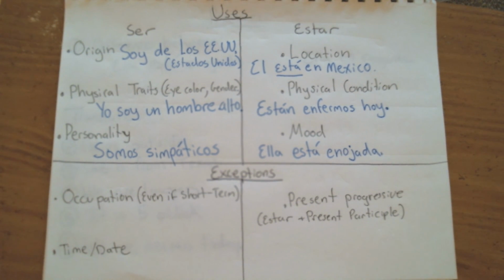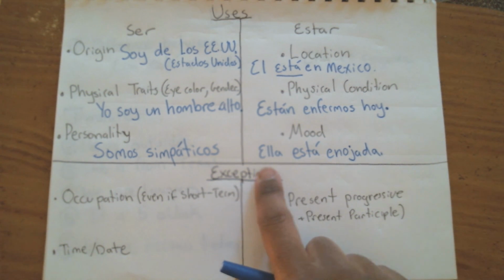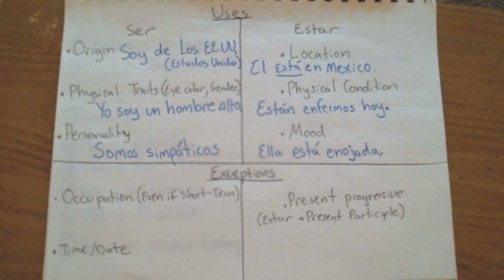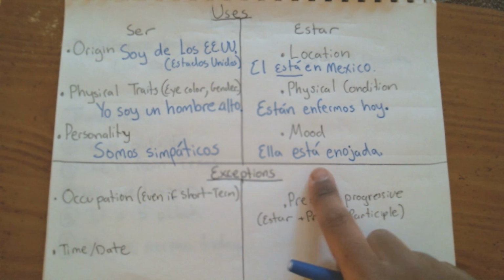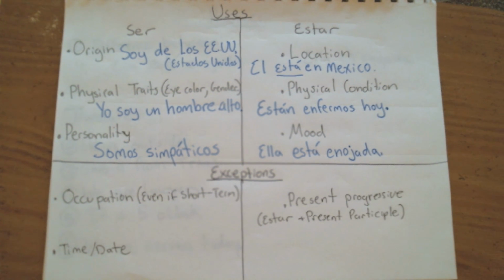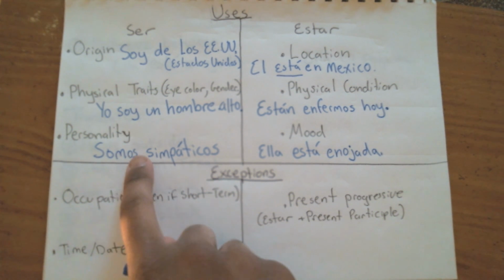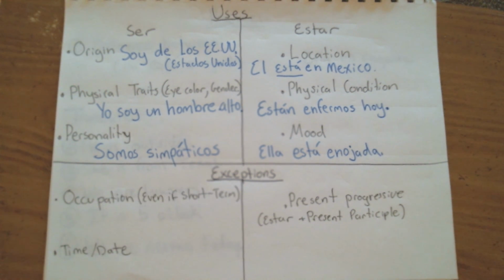It's just talking about their mood, how they are feeling right now. And what you're basically saying is she is feeling angry, okay? So when you use estar plus an emotion or something like that, that's saying that you are feeling that right now. But if you use ser and an emotion or something like that, then you're saying that this is how the person just is in general, okay?